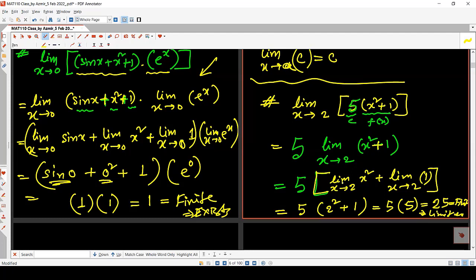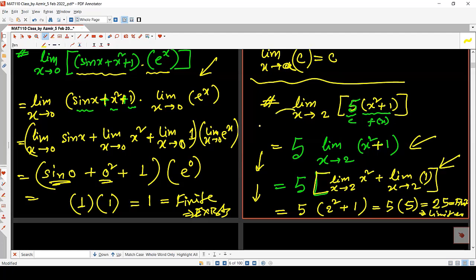So we can understand that every time we need to know the properties, and by using the properties we can easily compute the limits. But once you have practiced all these theorems, properties or laws, you can directly solve the problems. Here I have solved step by step, but you don't need to apply all these steps.